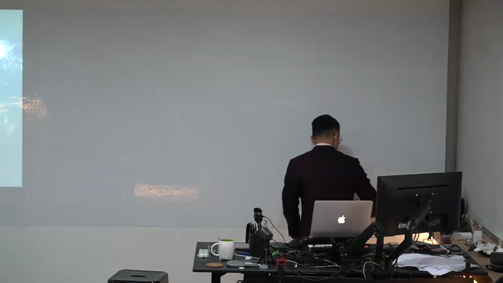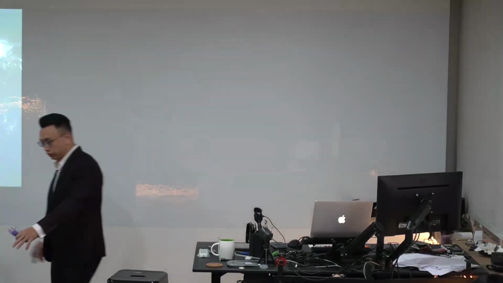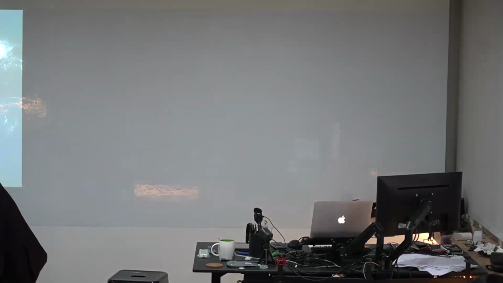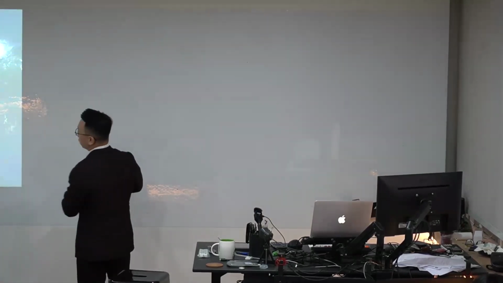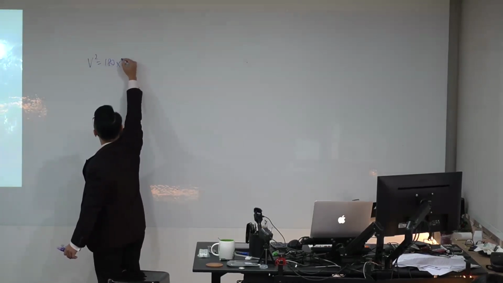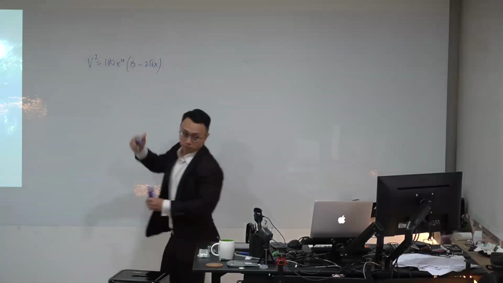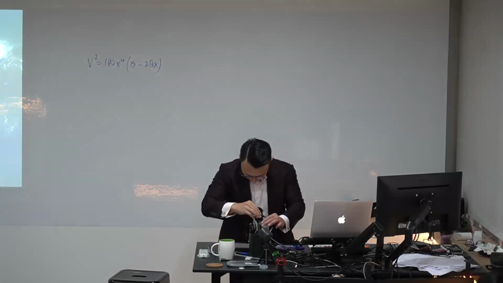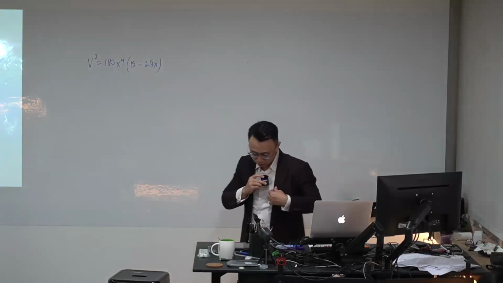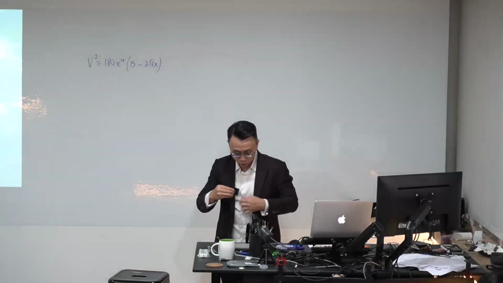Now the question asks you to put the expression. With the previous expression, you start with V is 1/3 times 6 root 3 x squared times the square root of 225 minus 30 root 3 x.